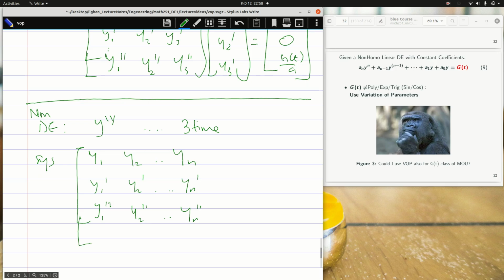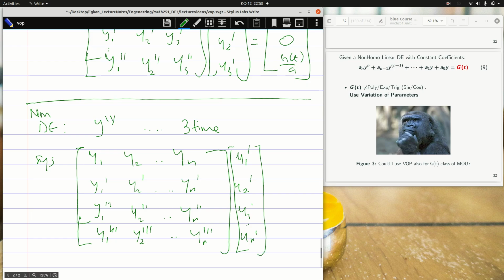So this is the third derivative, y1 triple prime, y2 triple prime through to yn triple prime, and then the unknowns become my u1 prime, u2 prime, u3 prime through to my un prime, is equal to, every term goes to 0 except the last term, that takes g(t) over a.